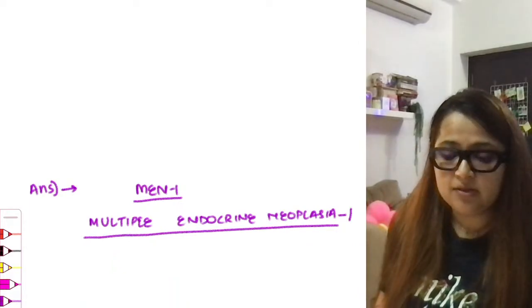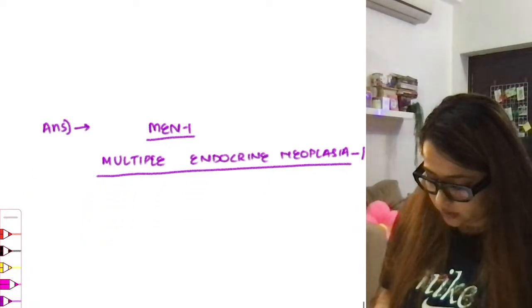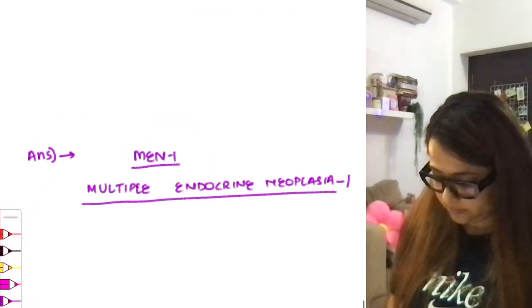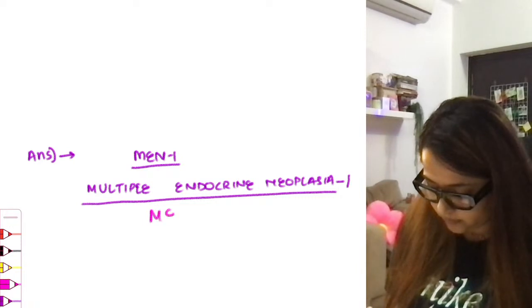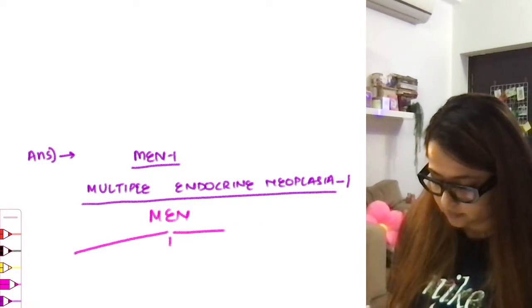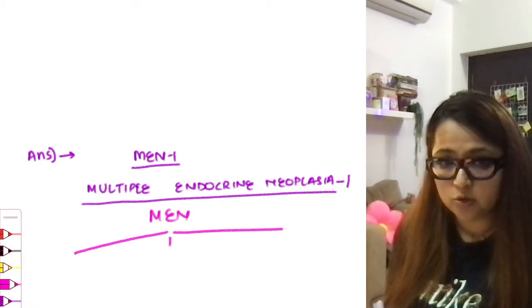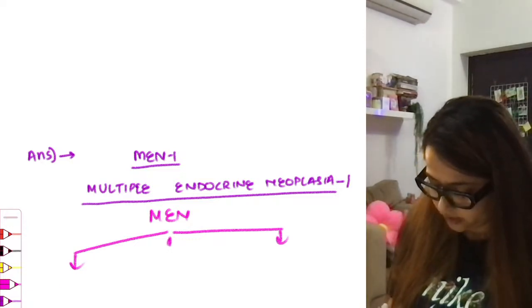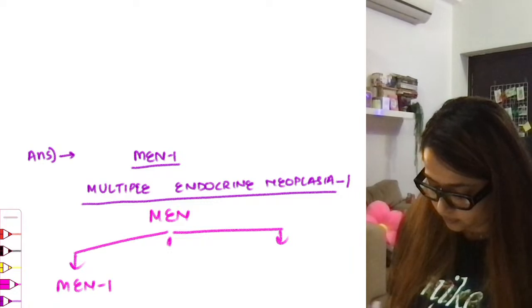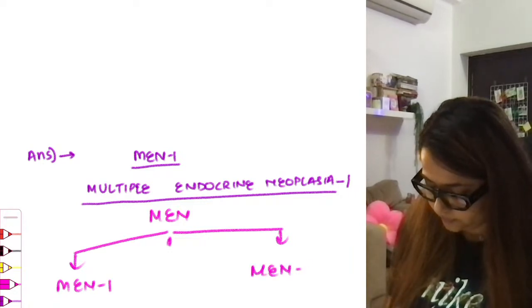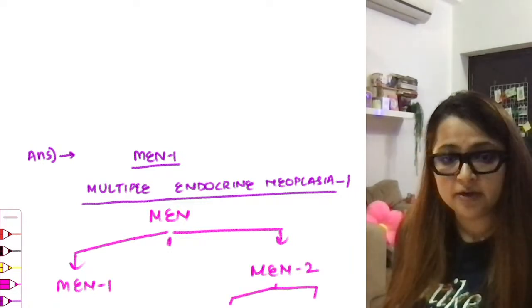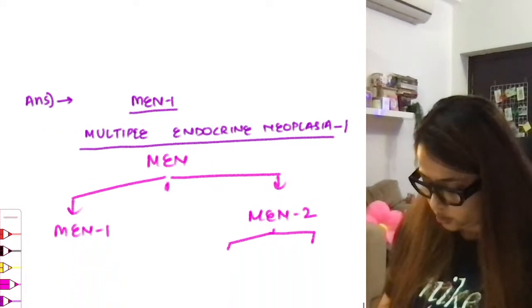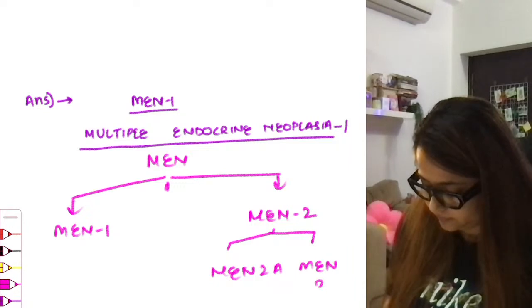There's an easy way to remember MEN syndromes. How will you do that? Overall, when you talk about MEN syndrome, it is divided into two main types, MEN1 and MEN2. MEN2 is further divided into MEN2A and MEN2B.